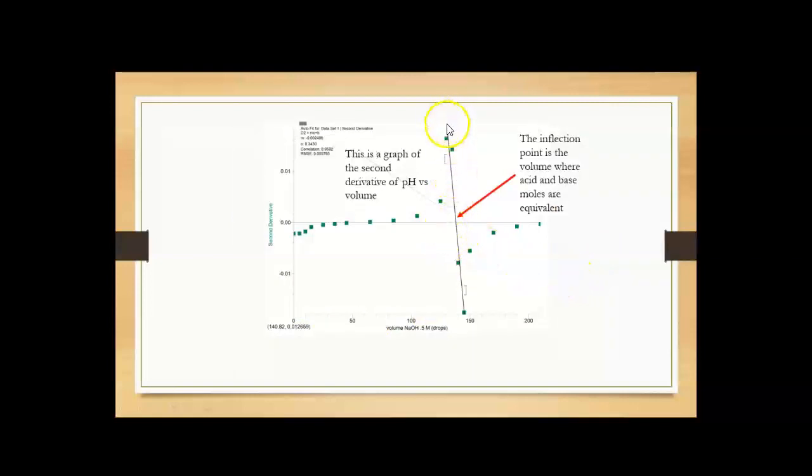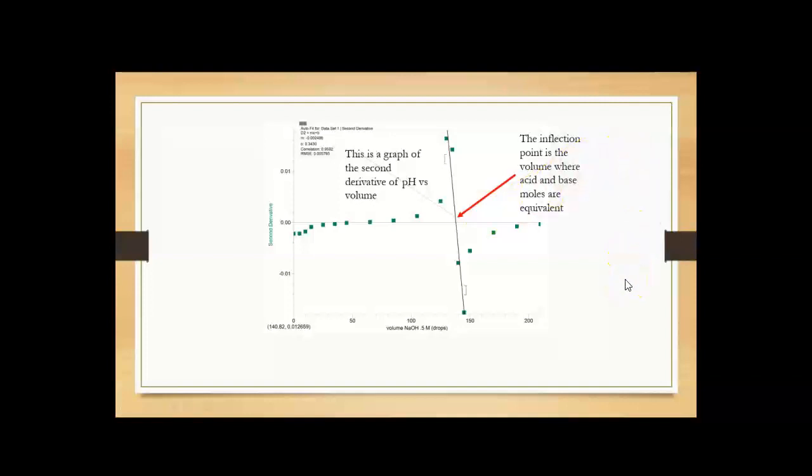And what I've done is I've traced a straight line here using these points on either side of this swoop up and drop down. I've traced this line here to give you a better idea of the inflection point where the acid and base moles are equivalent.